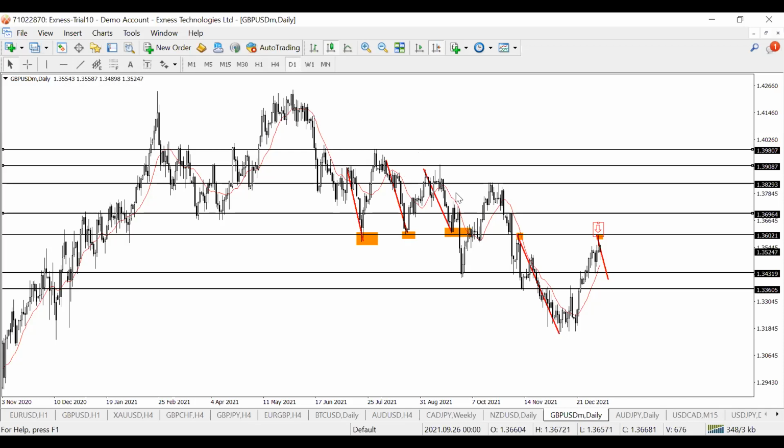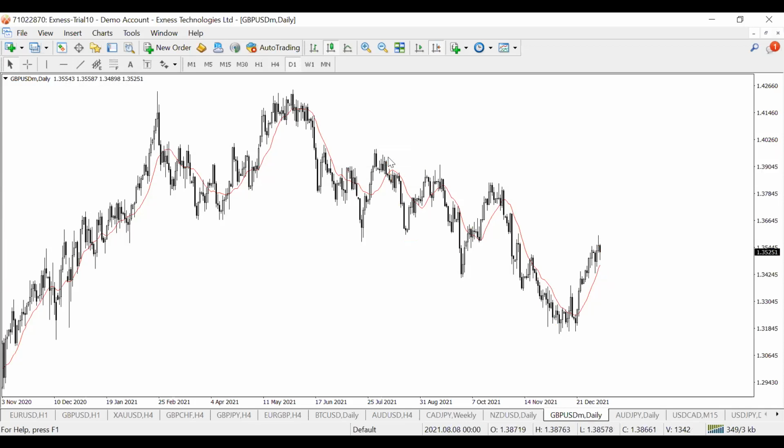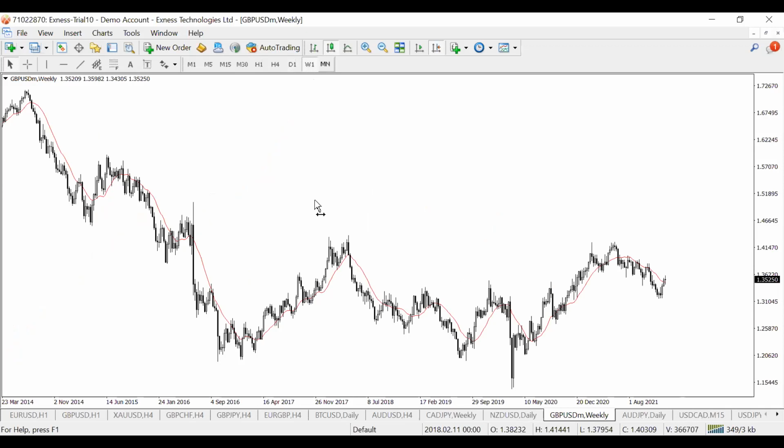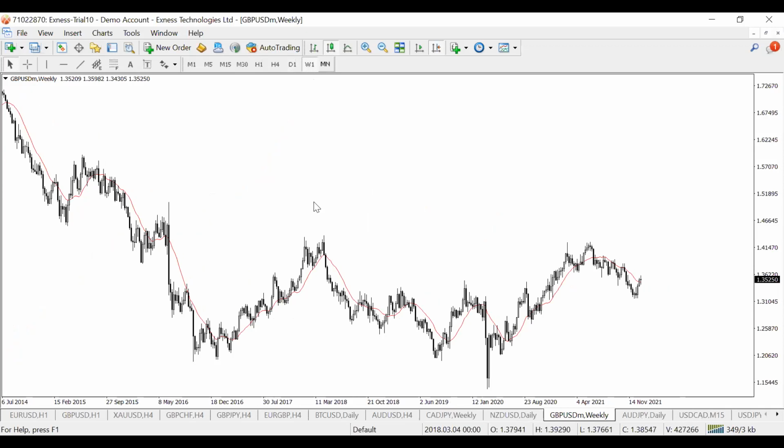Let me delete all this again and start all over so that you understand it. Like I explained earlier, support and resistance are key reversal zones in the market. For you to get your support and resistance zones accurately, you need to draw them from the daily time frame, or from monthly, weekly, or at least daily.